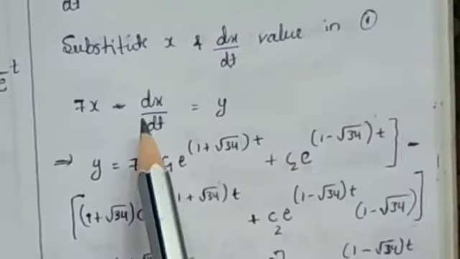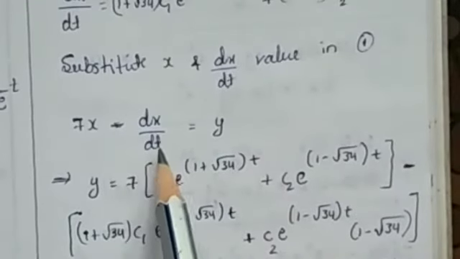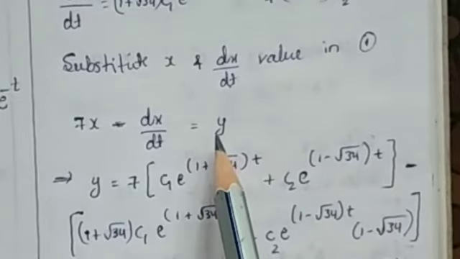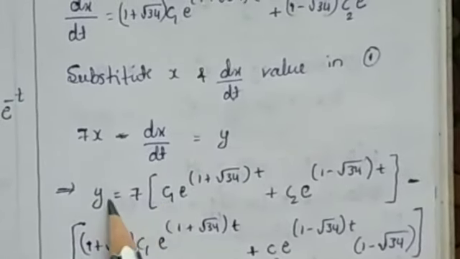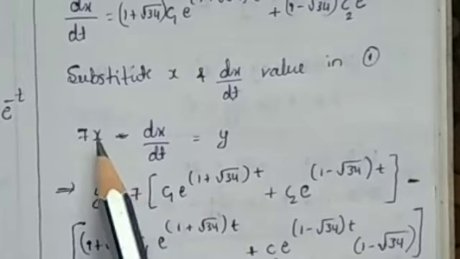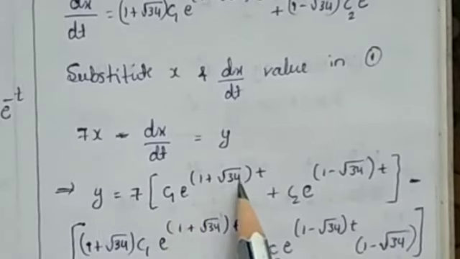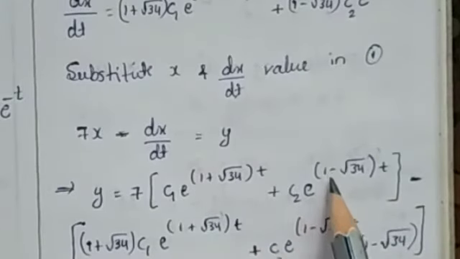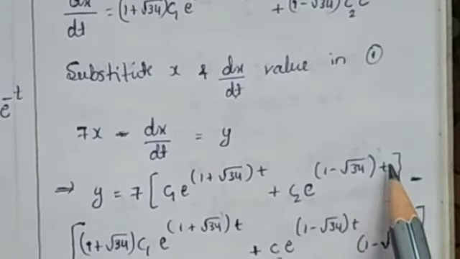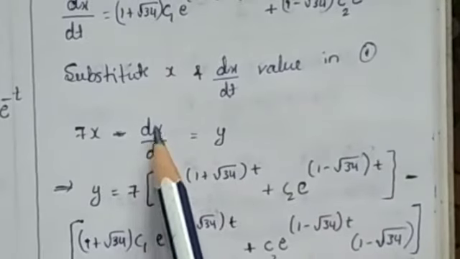What is equation 1? Equation 1 is 7x minus dx by dt, which is equal to y. Then you substitute the x and dx by dt values. y is equal to 7 into the x value, c1 e to the power 1 plus square root of 34 into t plus c2 into e to the power 1 minus square root of 34 into t, minus the dx by dt value.